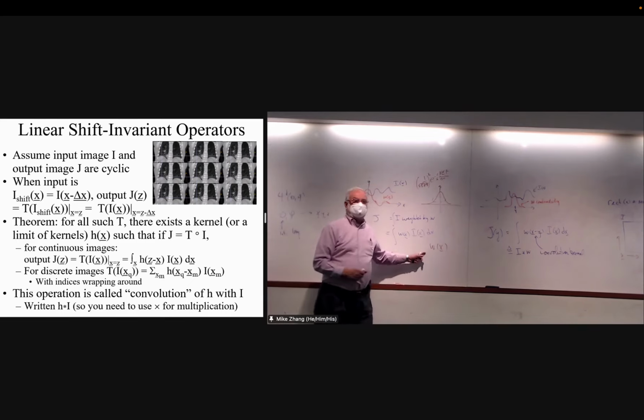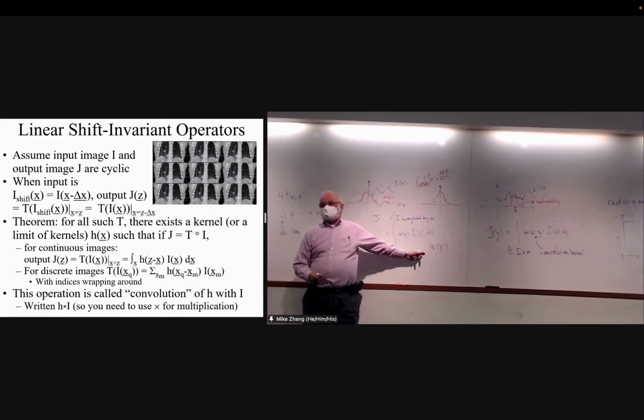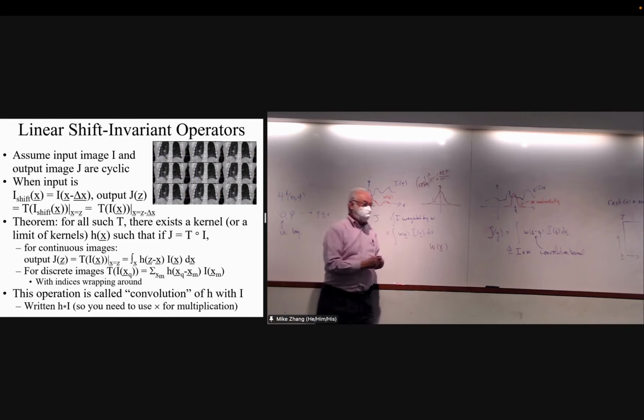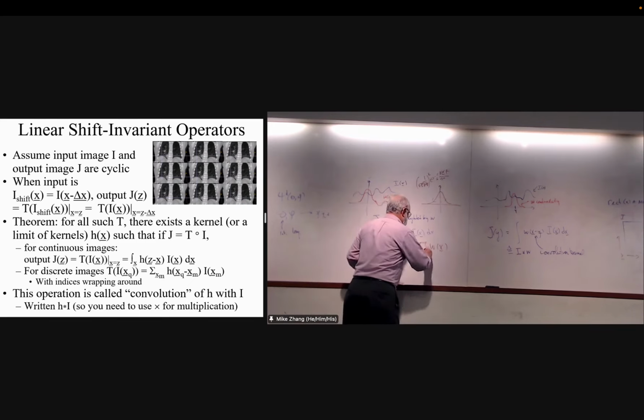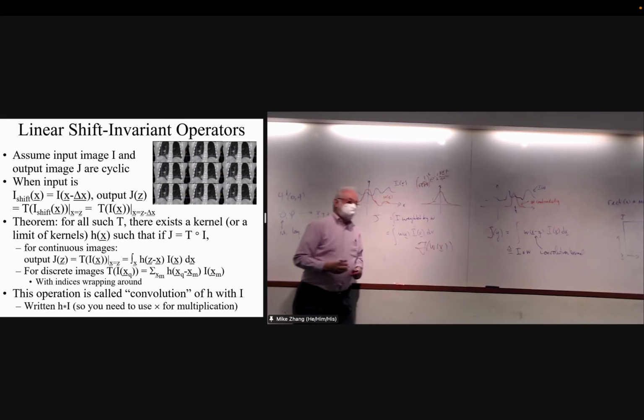And what we're going to see is that the Fourier transform of W is exactly the eigenvalues we need. So we both understand the image in the frequency domain and the kernel in the frequency domain. We multiply them frequency by frequency together.